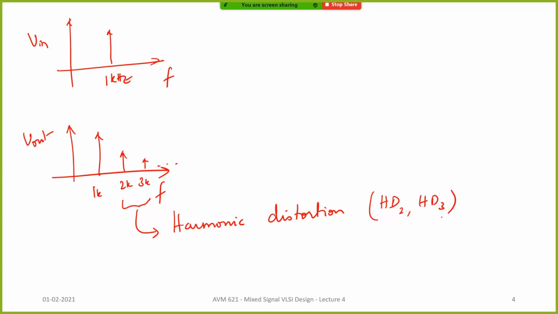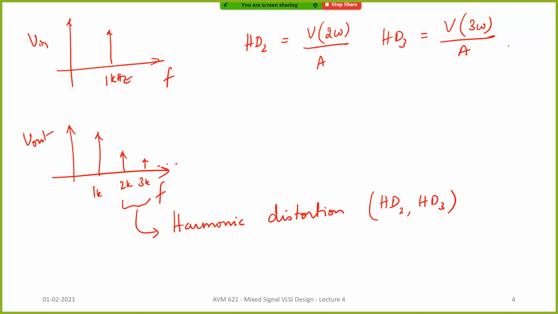So HD2 is basically defined as nothing but the amplitude of the 2 omega term divided by the amplitude of the fundamental term. Okay. Same, HD3 is defined as the amplitude of the 3 omega term divided by the amplitude of the fundamental term.